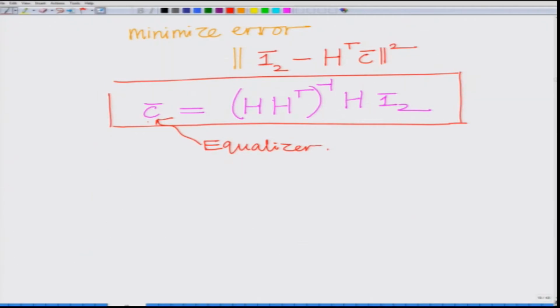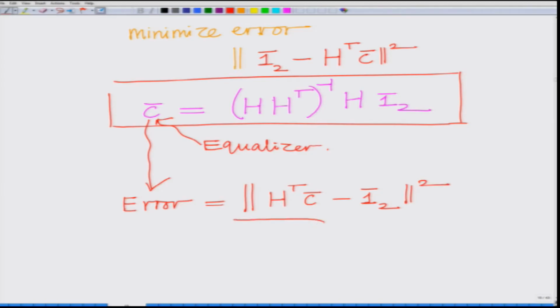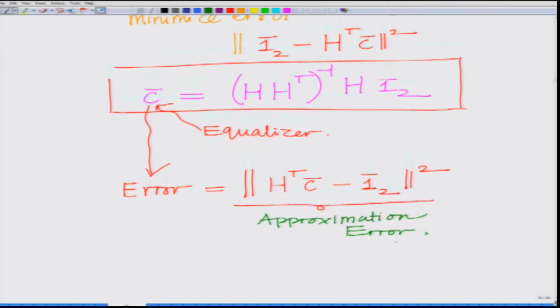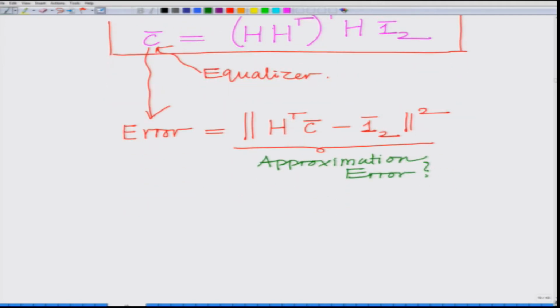So, we want to find the error, the approximation error. What is this approximation error?